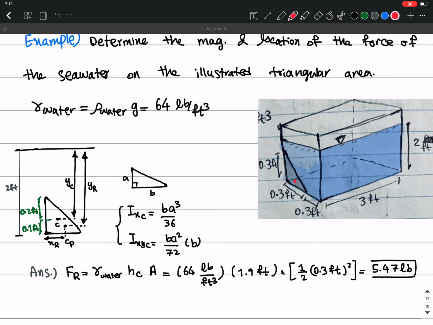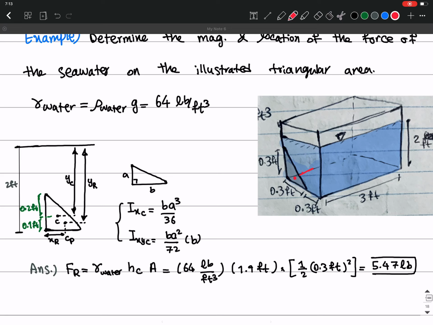This is the resultant force. If I show it in 3D format, it's going to be somewhere around here, right? From the back.